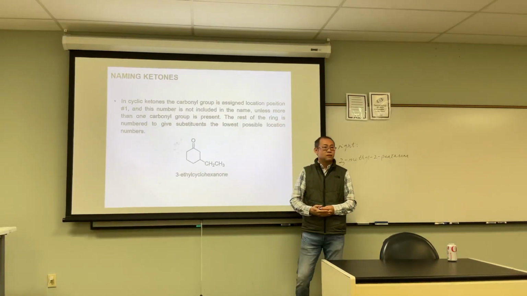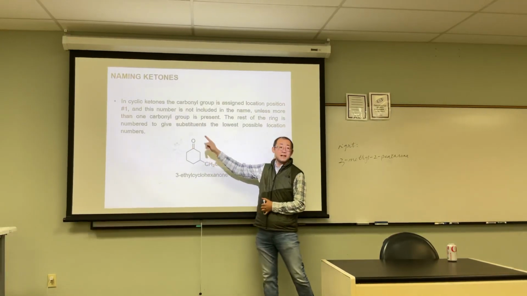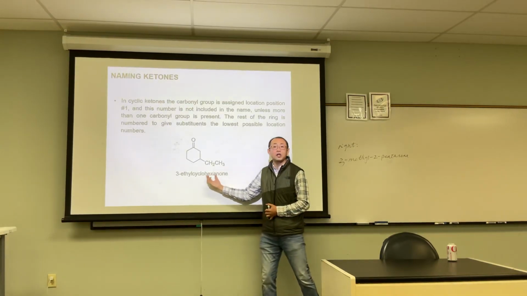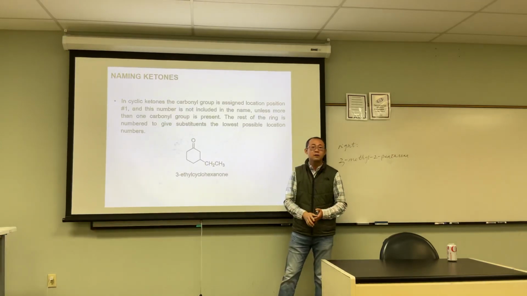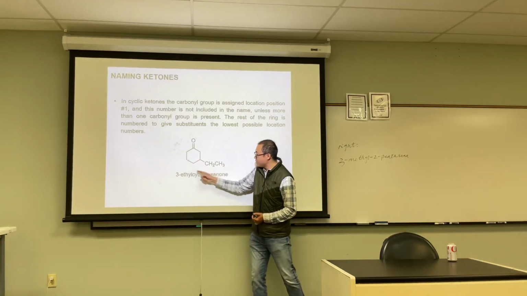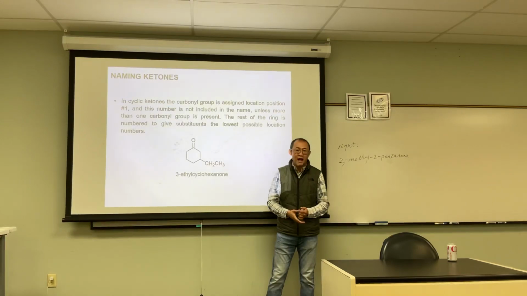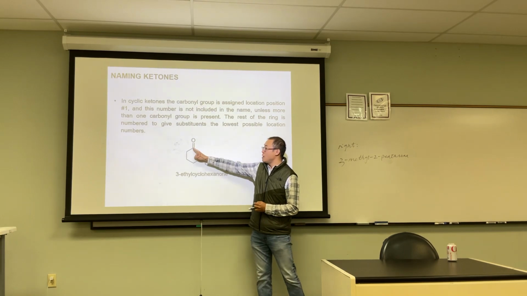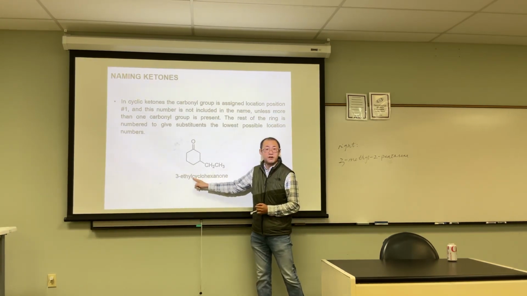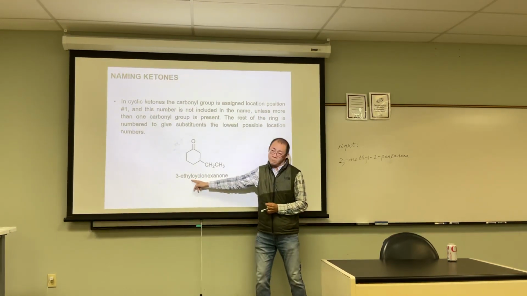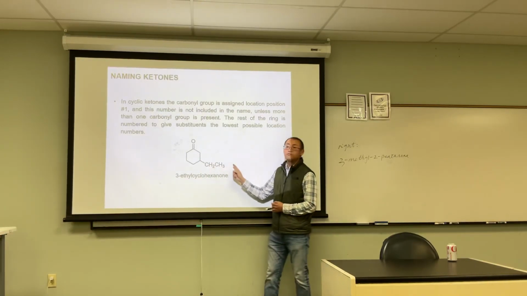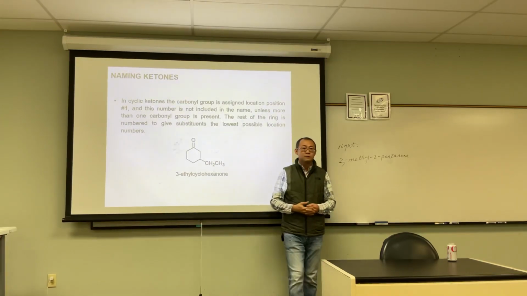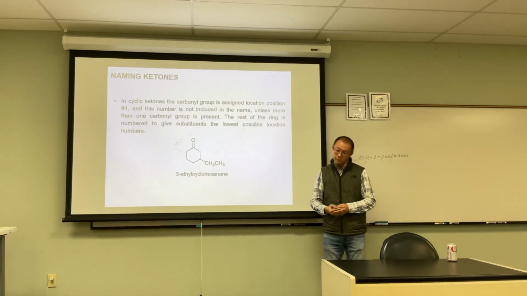So if the carbonyl carbon is part of the ring, you just name the cycloalkane, drop the E and replace it with O-N-E. So cyclohexane becomes cyclohexanone. And again, because this carbon is 1, you don't see a number here, right? If that's number 1, this is 3, and there's an ethyl group on it, so 3-ethylcyclohexanone.